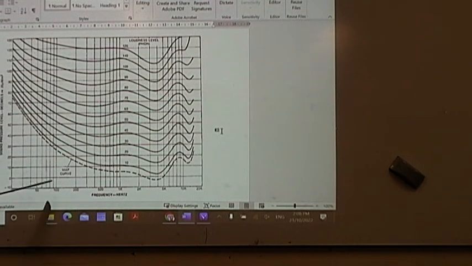Let's say for 50 hertz, we will hear it the same as we hear a sound of 40 decibels at higher frequency.